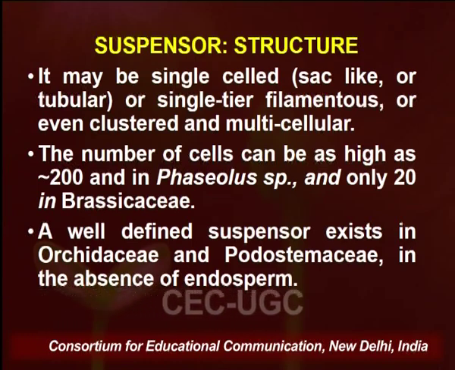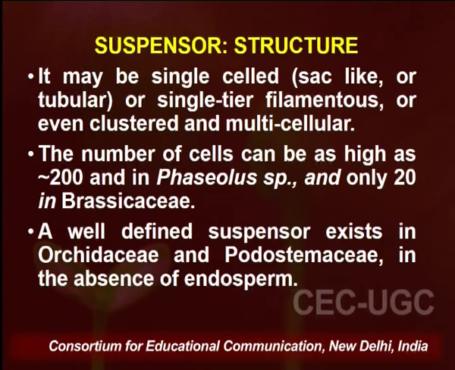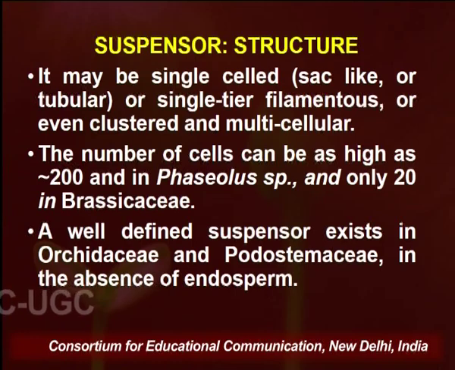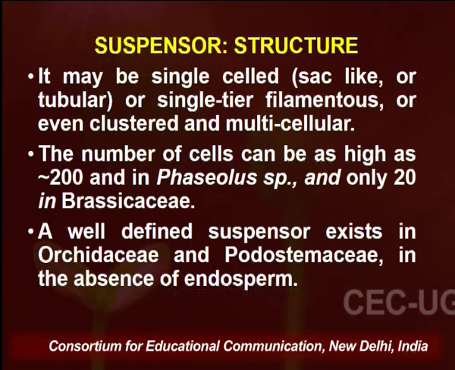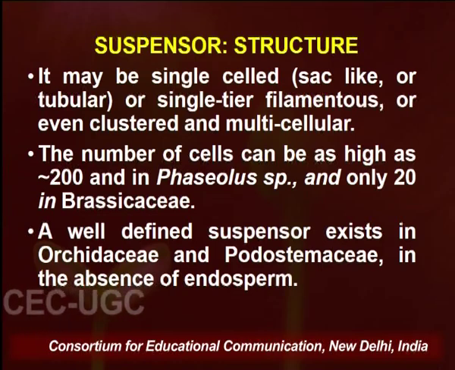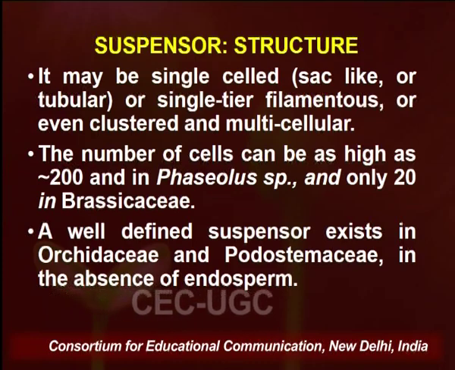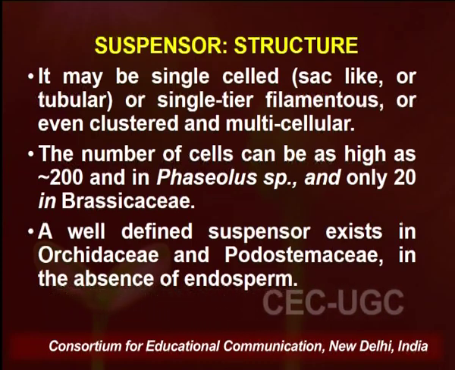A well-defined suspensor is seen in all those families where there is no endosperm to nourish the embryo. And if you will recall, Orchidaceae, Trapaceae and Podostemaceae are the families where there is no endosperm present. So, how does the embryo derive its nourishment?